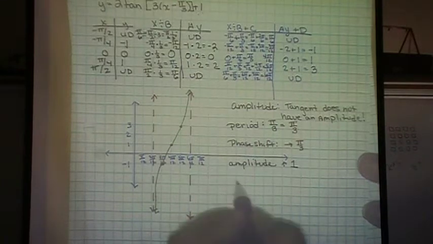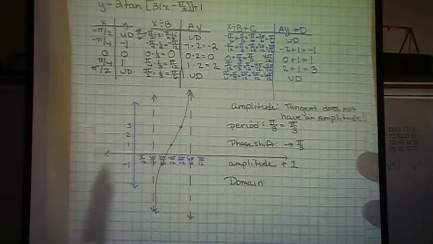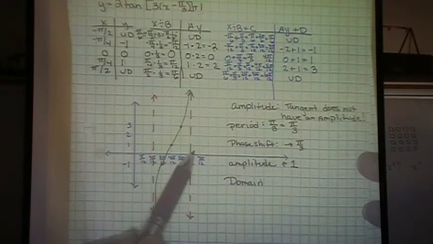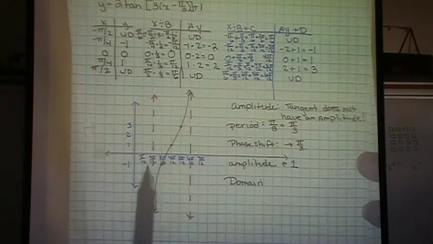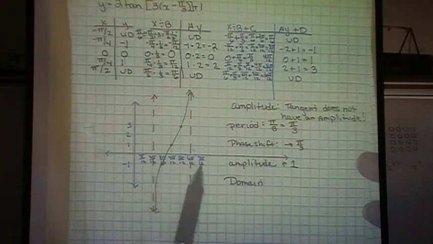Now let's talk about our domain. Unlike sine and cosine, tangent's domain is not all real numbers because it does have these undefined values. And you're going to notice that these undefined values happen a certain distance apart. And that distance is your period.